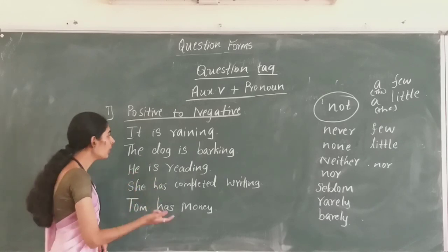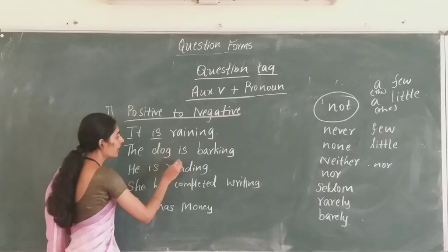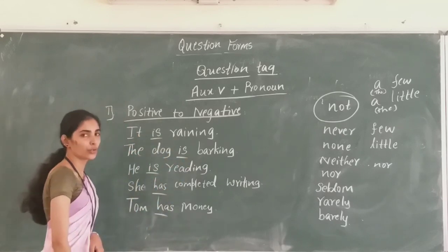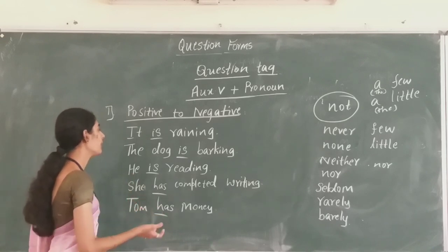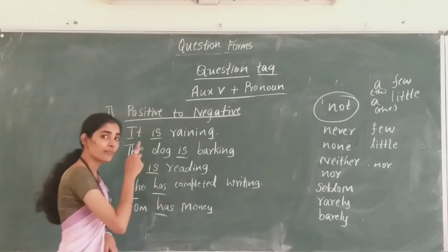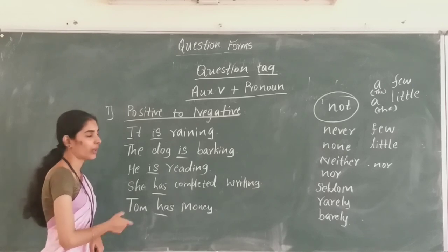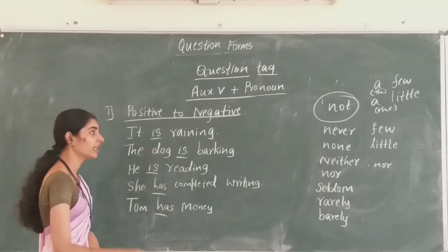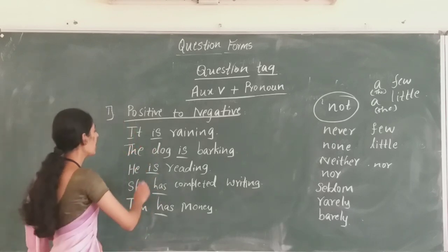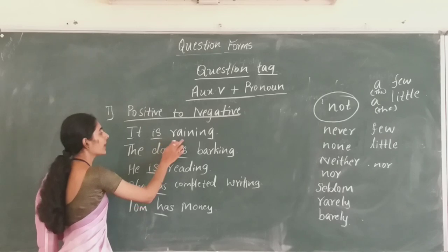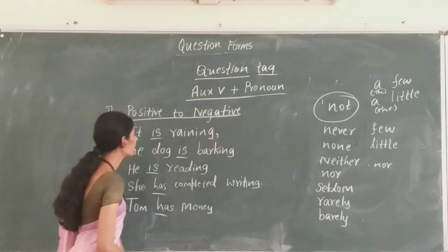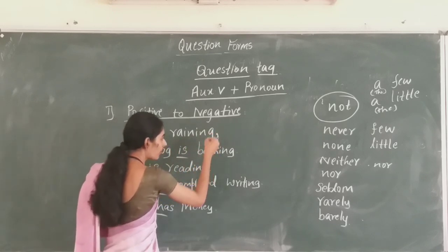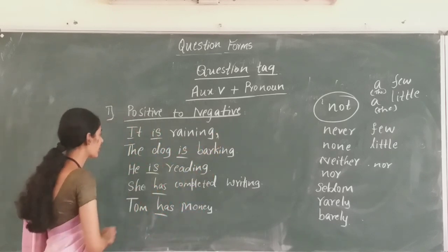In case you don't find any be form or have form verbs, then you have to write the right form of do, same as we discussed while discussing WH question formation. So now the first sentence, it is raining. This is the way of writing a question tag. After the sentence you put a comma and then write the question tag.